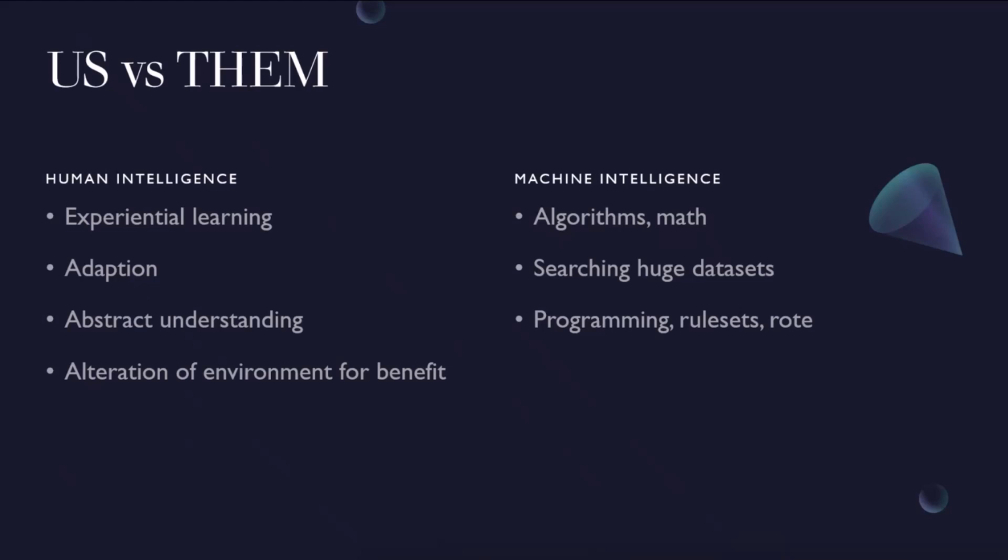It's the capability to do mathematical computations, algorithms, the ability to go through extremely large data sets and pull data back out. That's really what we think about when we talk about intelligence in machines. It's all about programming and rule sets and rote, right? That's the way that intelligence in machines was thought of prior to this new generative AI concept that's come out.